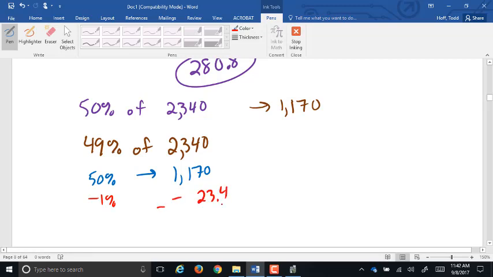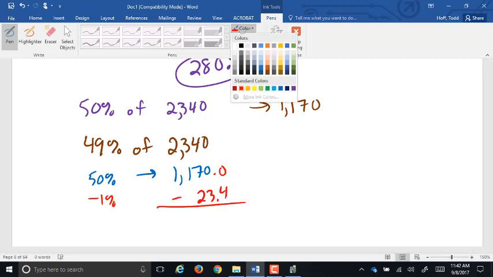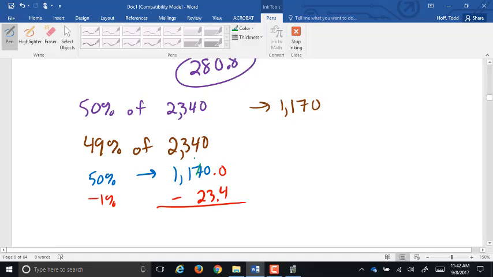Subtract 23.4. And again, it's a little bit of work, but if we're caught without that calculator again, with a little bit of paperwork, we can find that percentage exactly.